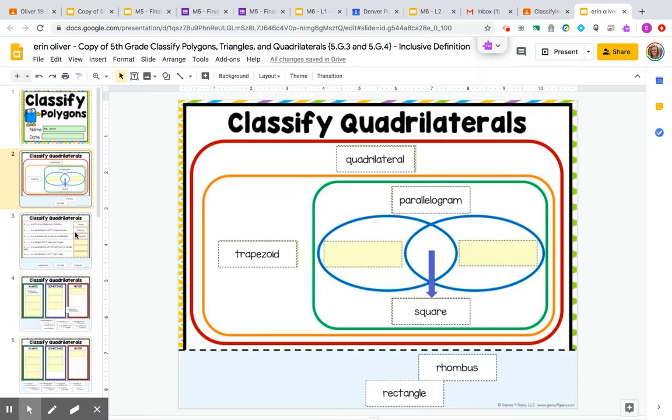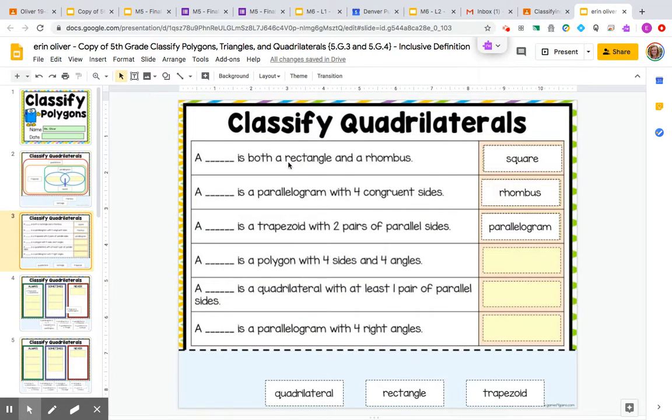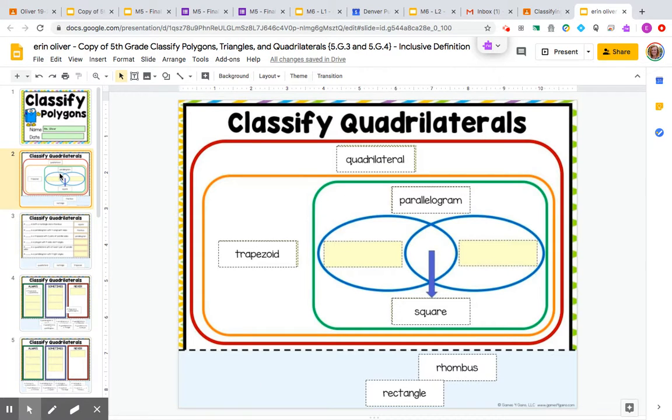You're then going to go through, work on some different statements. I already helped you out with 3, so if you watch this video, you already have 3 right answers for you. I know that a square is both a rectangle and a rhombus. Apologies, 5th grade.